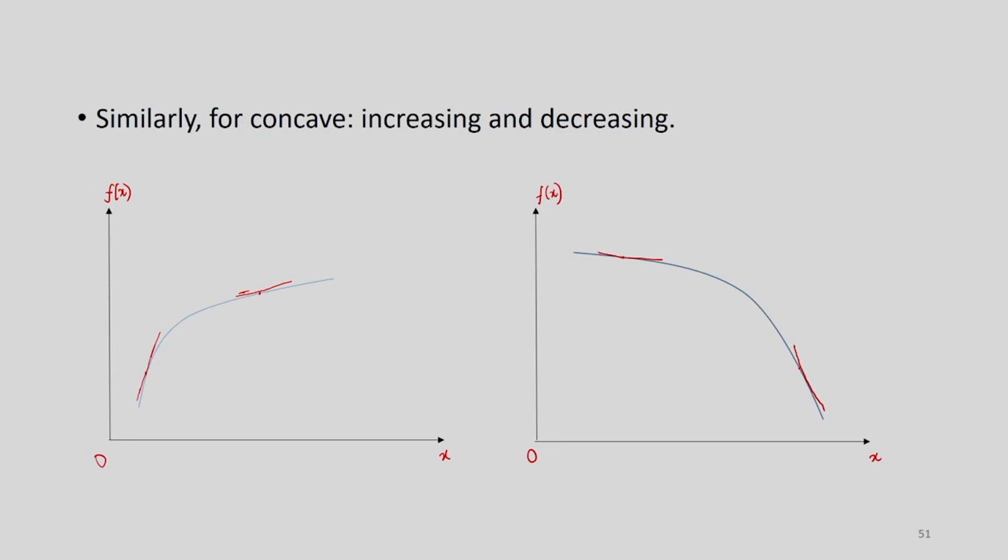So, this value here is less than this value. That means the algebraic value of the slope is declining. And that is the idea of a concave function. For a concave function, the slope should go on declining.